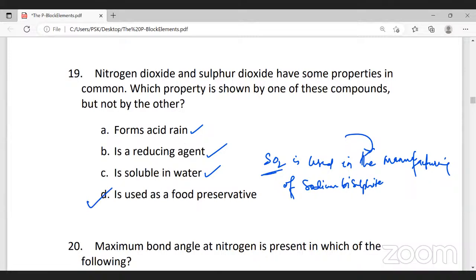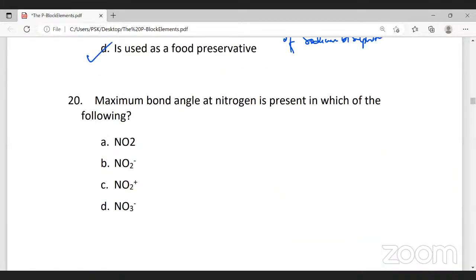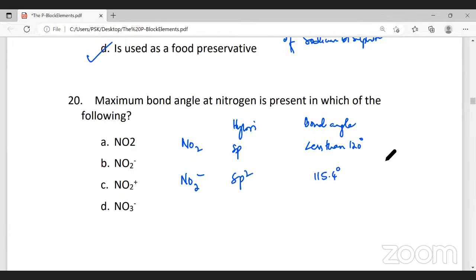The maximum bond angle at nitrogen is present in which of the following? So remember this, NO2 is a compound, the hybridization and the bond angle. NO2 hybridization is sp and the bond angle is less than 120 degrees. NO2 minus is sp2, and the bond angle is 115.4 degrees.